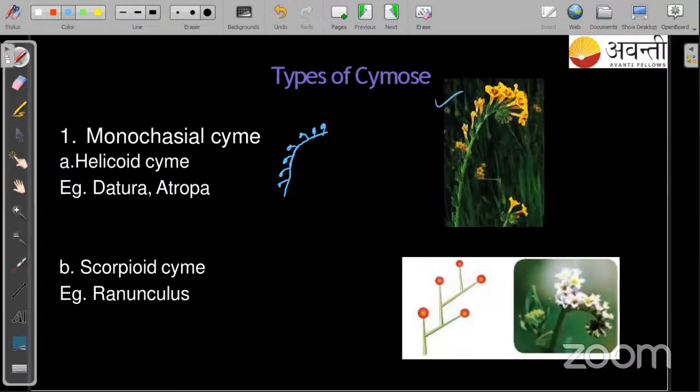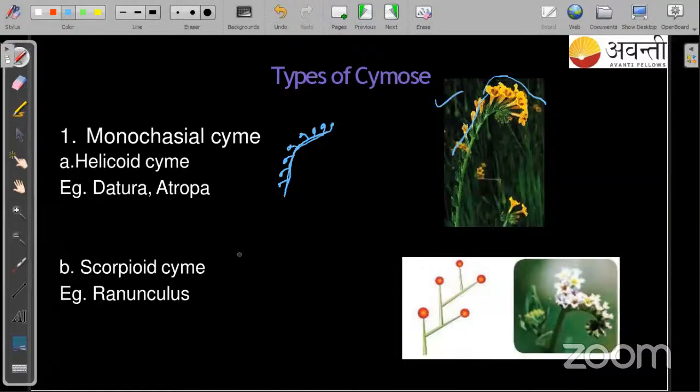That is known as the helicoid cyme. This is the main axis, and on that main axis, flowers develop on only one side, like that. This type of arrangement is known as the helicoid cyme.